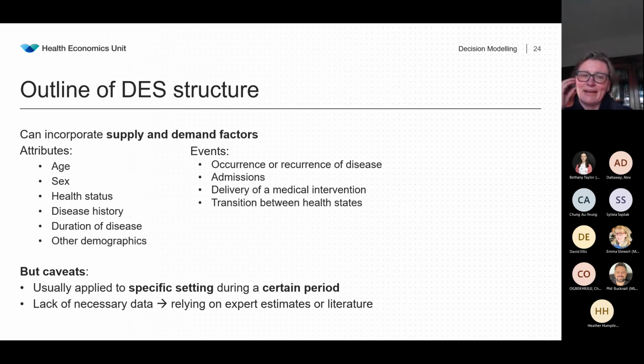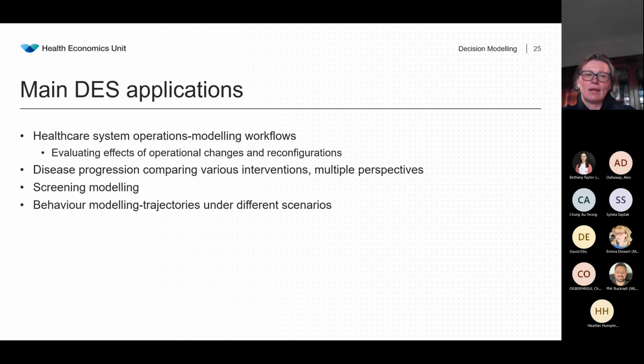But again, caveats. It's really the validity issue here, but also lack of necessary data. You usually have to dig a lot through the literature or talk to clinical experts to populate the model. Last slide, I promise.